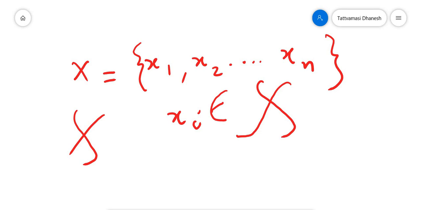So now I am continuing with the mathematics of transfer learning. This is the way we defined domain. So how can we use this concept of domain in our transfer learning?